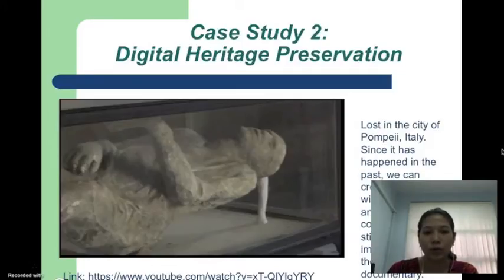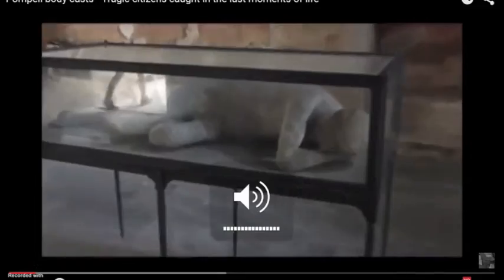I'm going to show you a video on YouTube of this digital heritage preservation. So as you can see, these are the corpses of the citizens living in Pompeii in the ancient past.